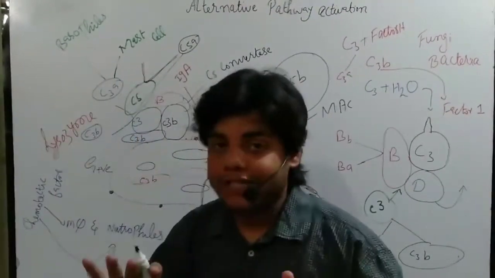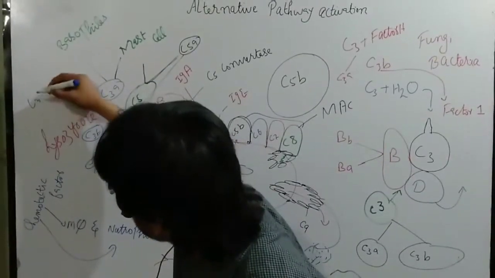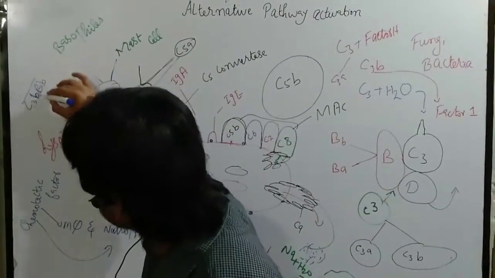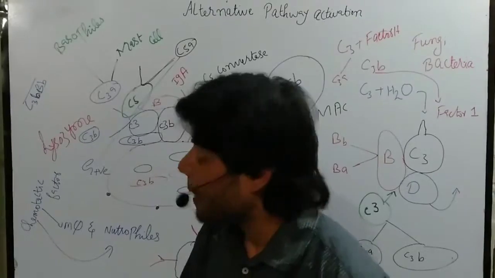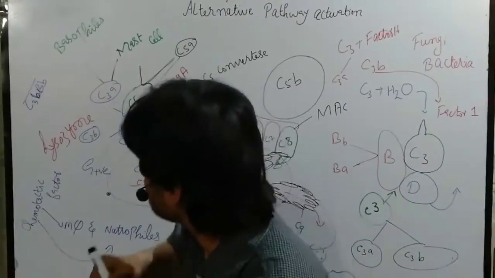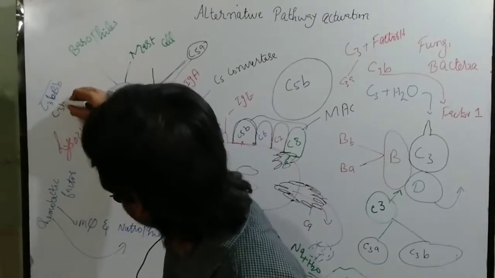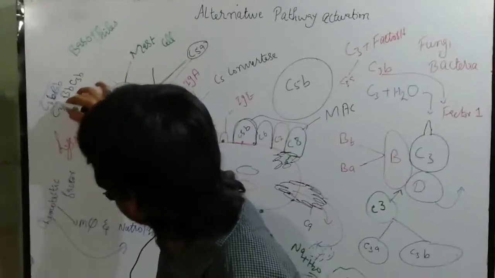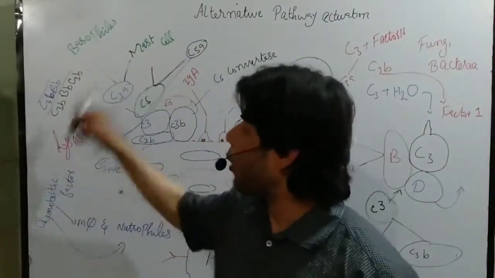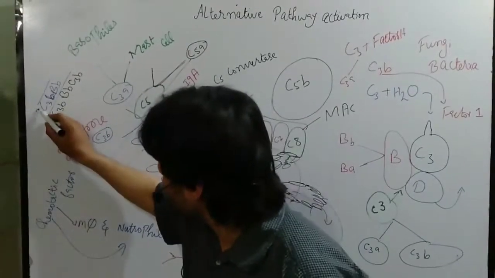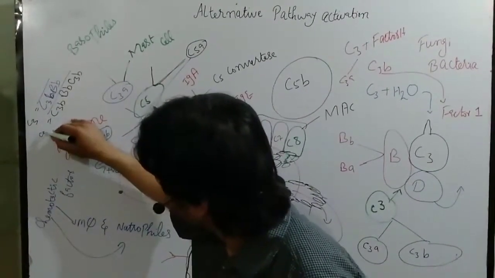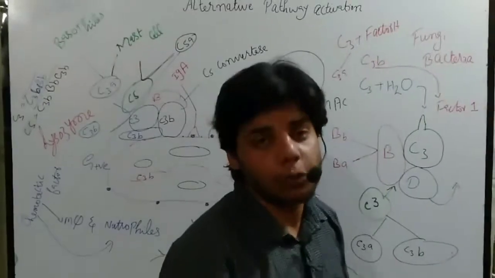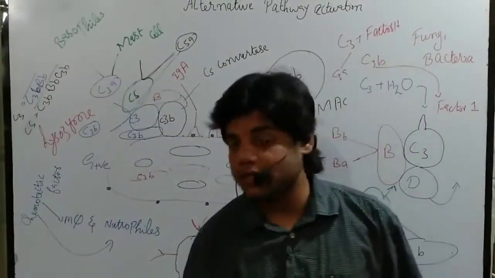Whenever this complex, C3b and Bb, is formed, it acts as a C3 convertase, and whenever this complex, C3b, Bb and C3b, is formed, it acts as a C5 convertase. So this is C3 and this is C5 convertase.